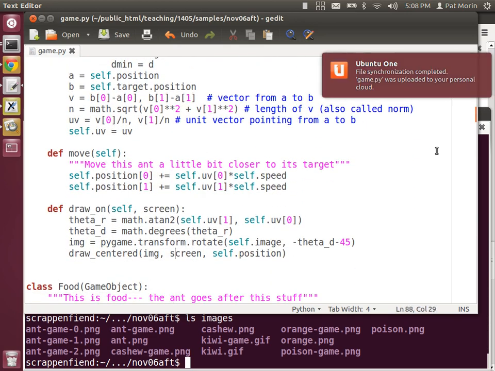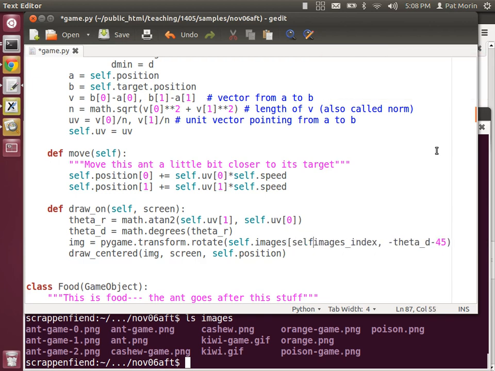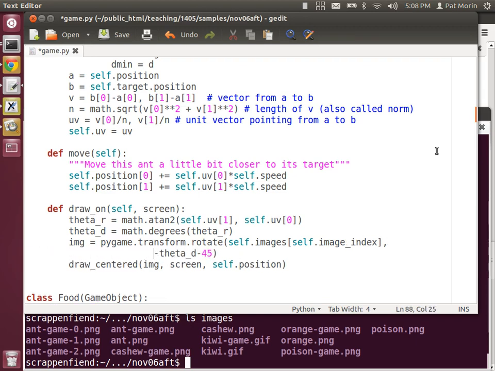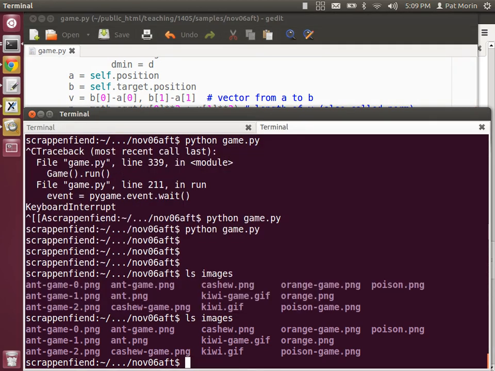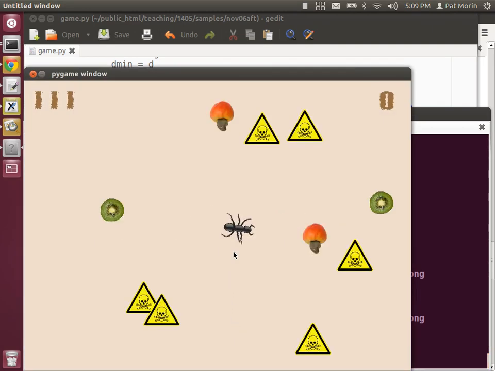So we'll want an image index, and we'll start with the image index being 1. So it can be 0, 1, or 2. And when it's time to display the ant, we won't just use the stock image, but we'll use self.images at self.image index.